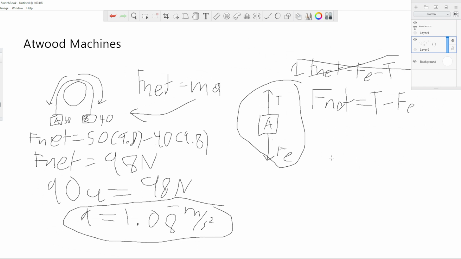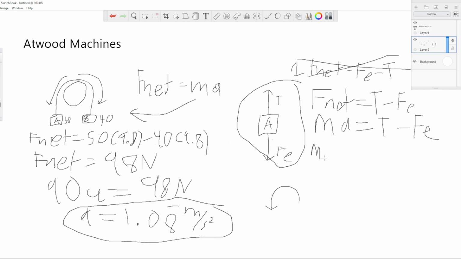But if you can't wrap your head around it, we can do it this way. So you set it: ma equals tension minus FE. And your acceleration here is, because A weighs more and the system is going to accelerate counterclockwise, pulling you down. So you're going to have a negative acceleration.